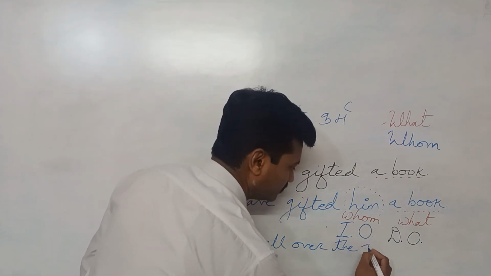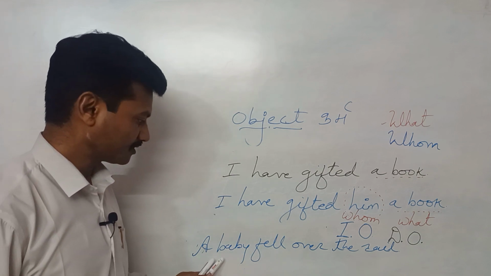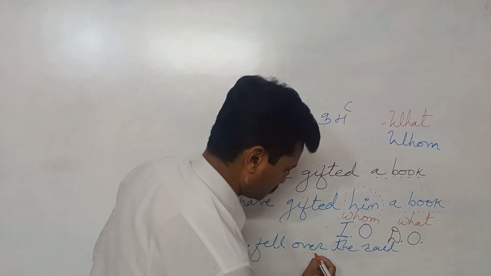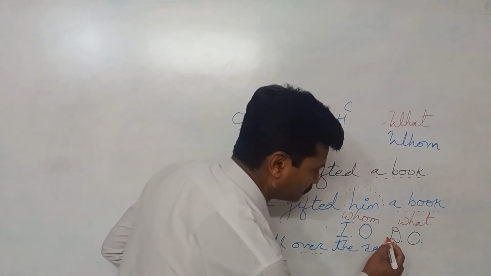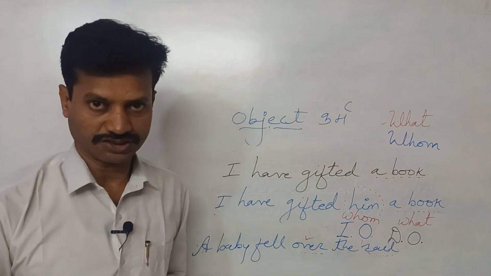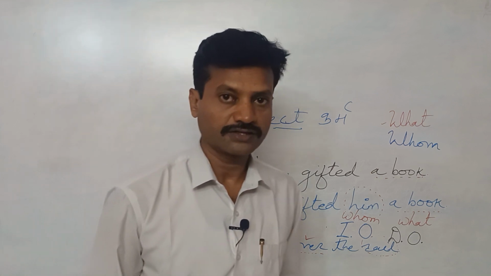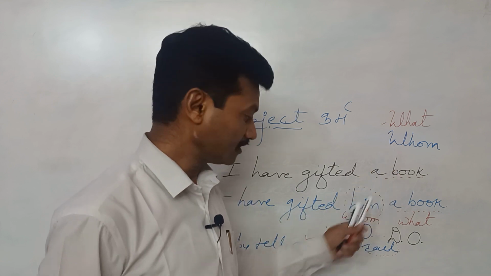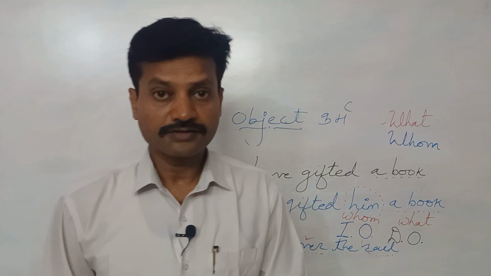I am writing here, a baby fell over, this is a preposition, and rail is the object of this preposition. Means now I cleared how many objects are there? Three. Direct object, indirect object and prepositional object.